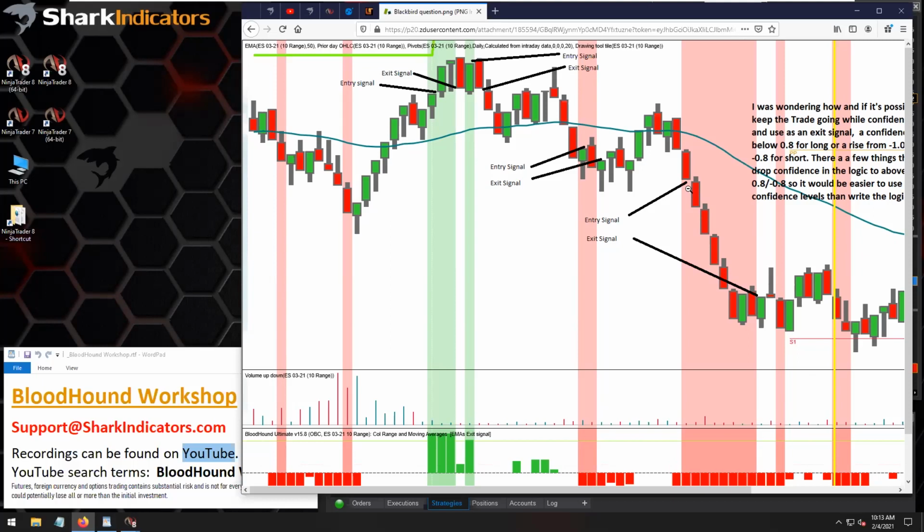Once Raven or Blackbird has opened a position, it's not going to keep adding to that just because there are more entry signals. Almost no trader wants that type of behavior. They want to open a position once, keep that position on until either the profit target or the stop loss is hit. So Raven and Blackbird are specifically designed to ignore additional entry signals if they have a position open already.